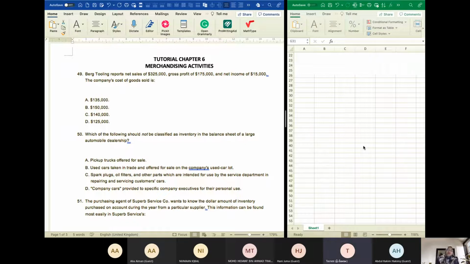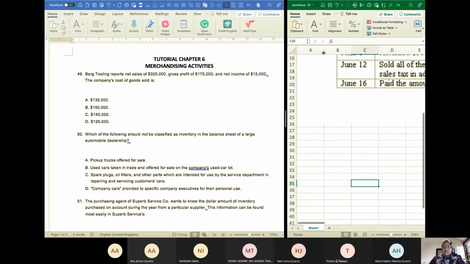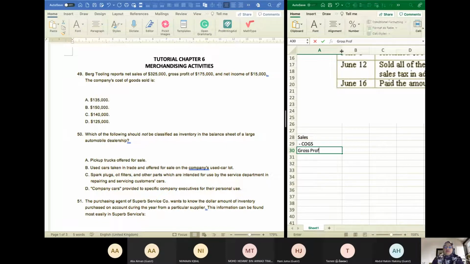Okay. Once you do this, you must remember the formula. The first formula that you must know is, let me write it down here: sales minus COGS equals gross profit, and then minus expenses, then you will have your net income.